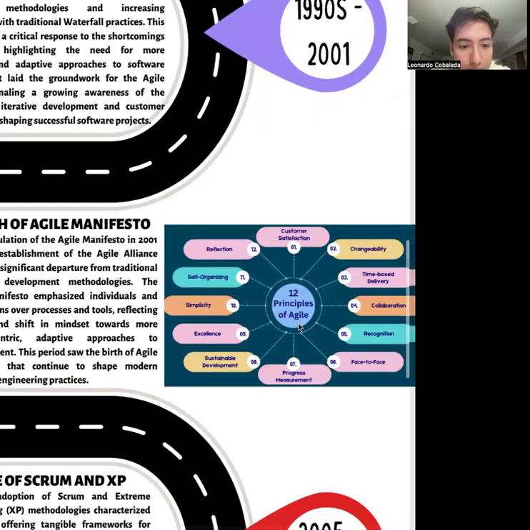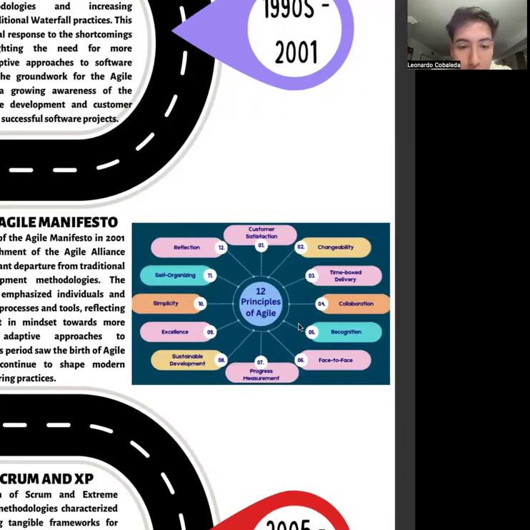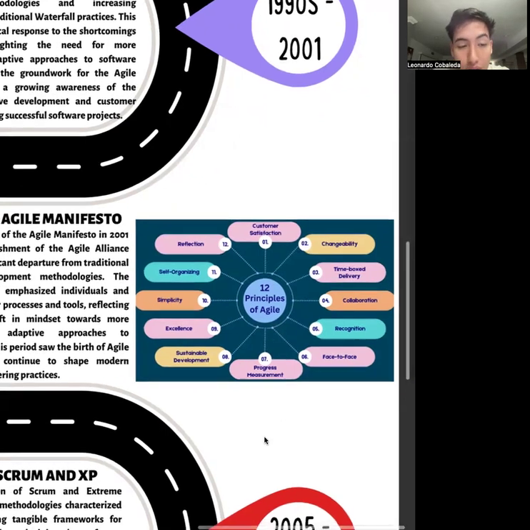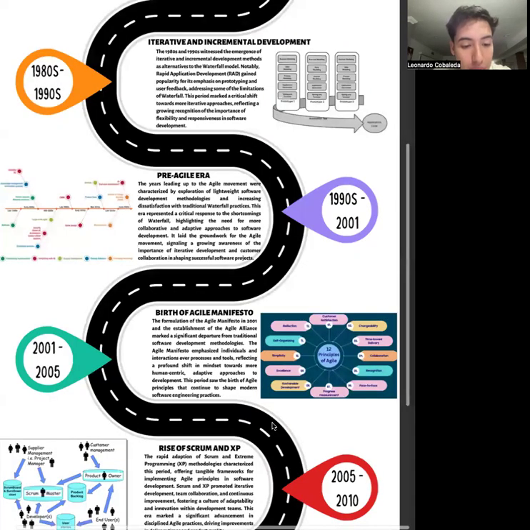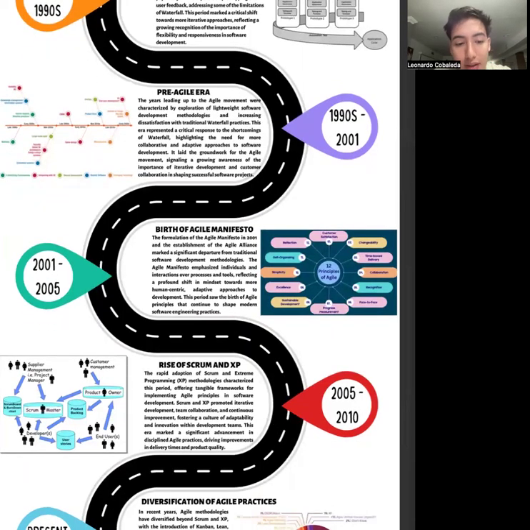We have customer satisfaction, changeability, time-boxed delivery, collaboration, recognition, face-to-face communication, progress measurement, sustainable development, excellence, simplicity, self-organization, and reflection. These are principles that go along with proper software development and a well-managed workflow.